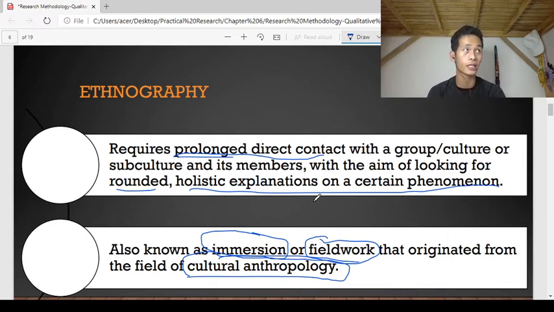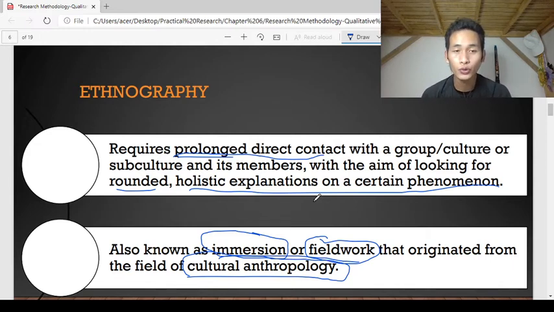Like for example, here in Buug, Zamboanga Peninsula, the Subanen tribe, Zamboanga Peninsula is known for the Subanen tribe or, diba, cultural group.